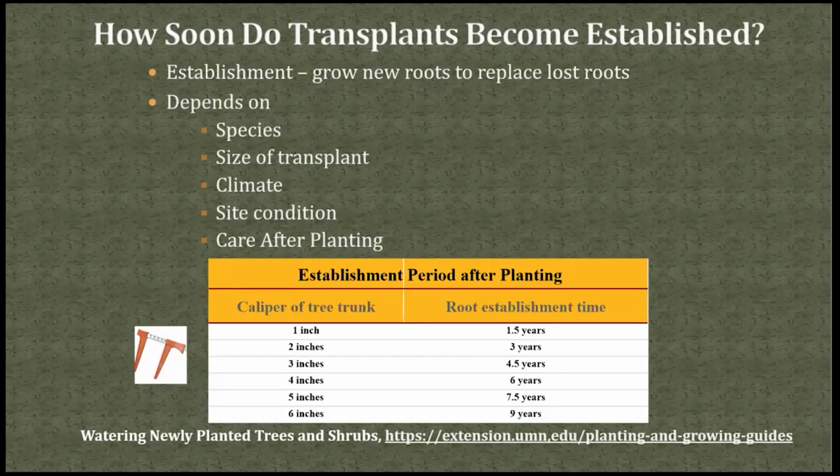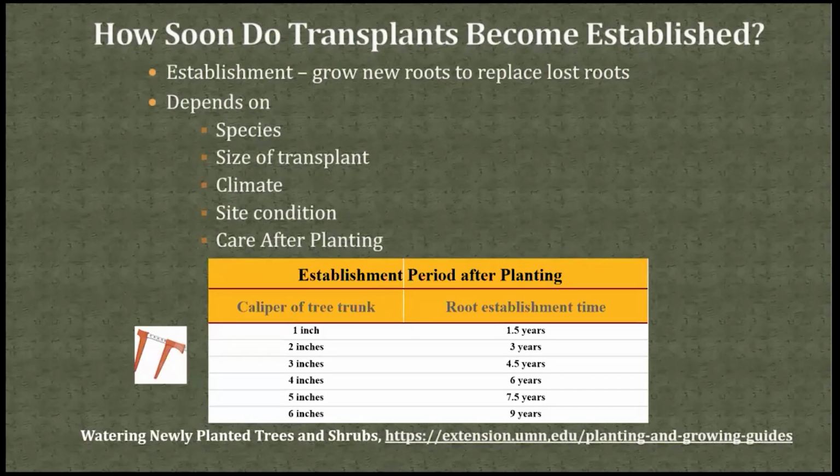And I've already mentioned the size of the transplant can make a big difference. Climate also makes a difference because in warmer places, plants just grow faster than in cooler places. And the site condition, for example, soil makeup and soil fertility, can make a difference. But after planting care definitely factors into the equation.